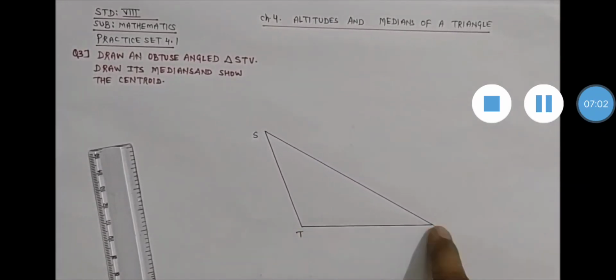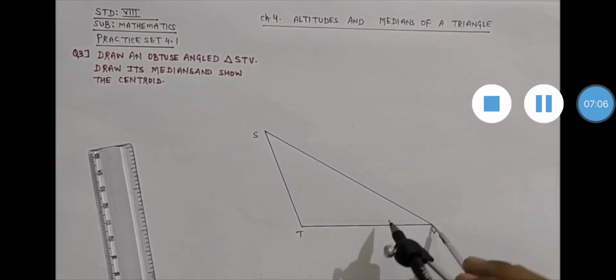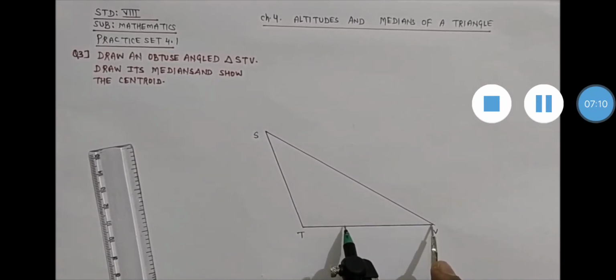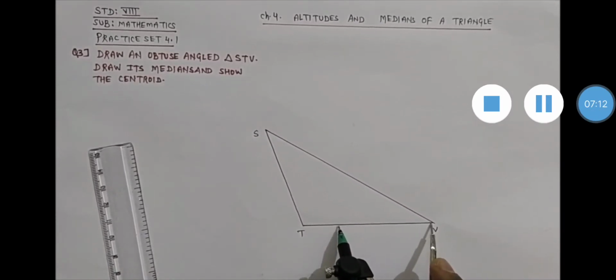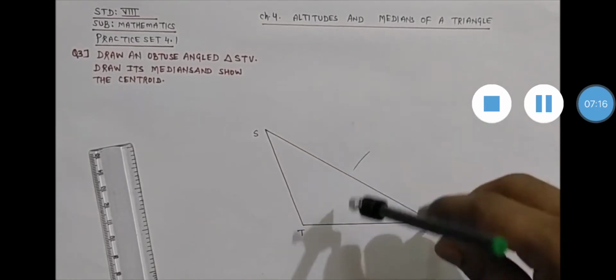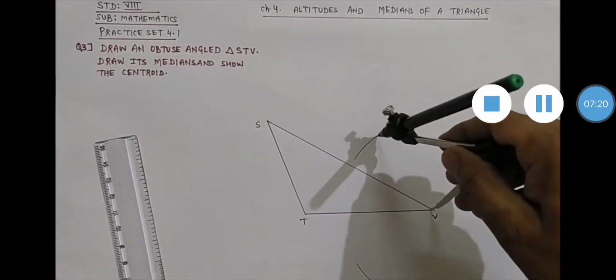So for TV we have to get the midpoint. Now let's start. Take the compass and open more than half of TV and make arcs like this, on the upper side and below.